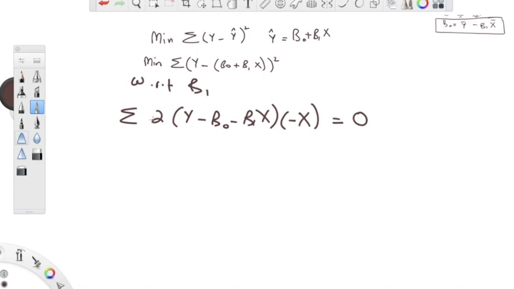Now this minus 1 and 2 you can take out of the bracket, or you can just decide to keep it as it is. Let's take it out. I think maybe that's the best approach to solving for this.